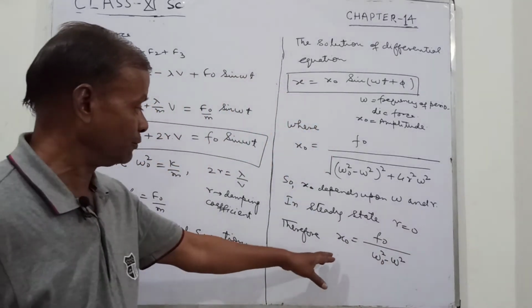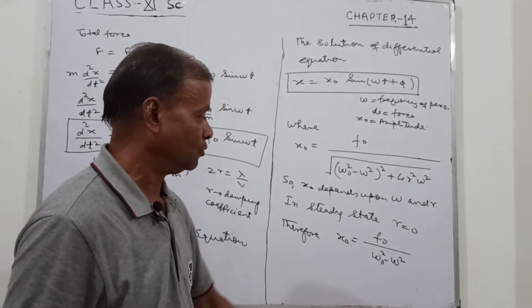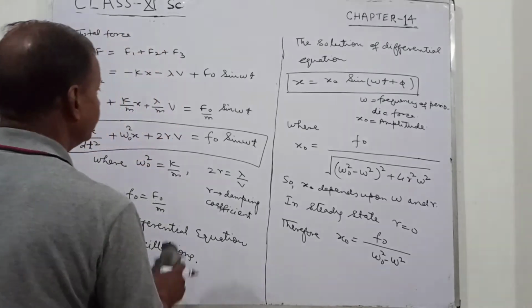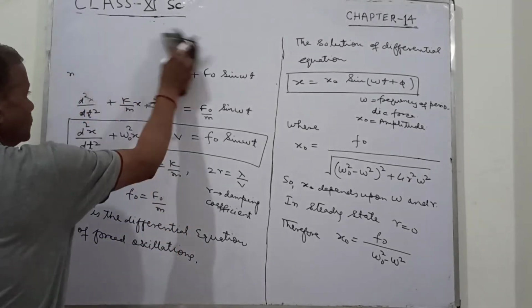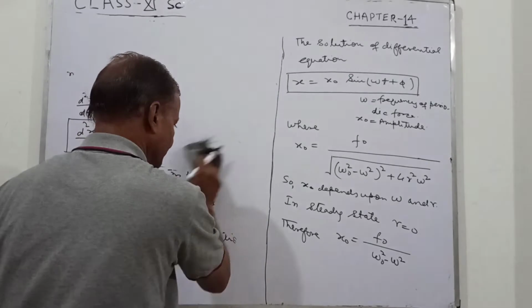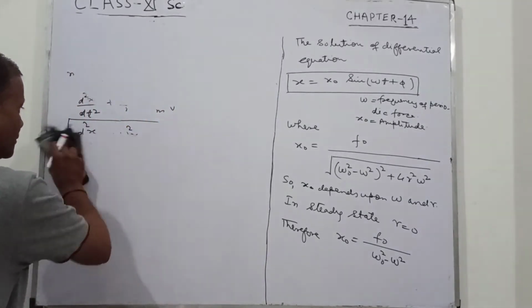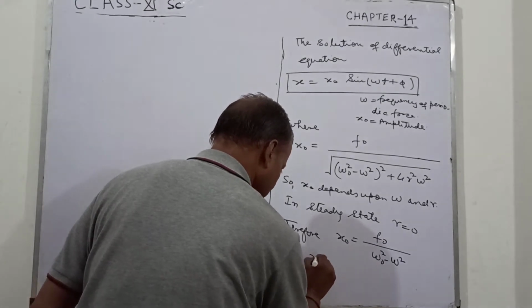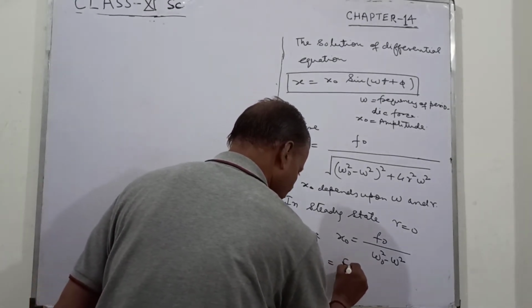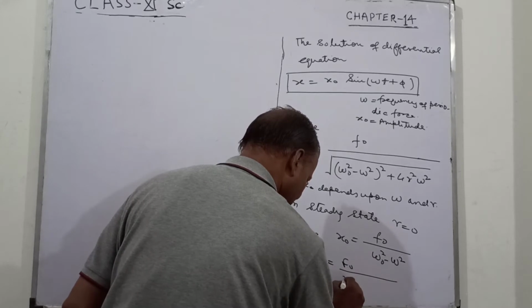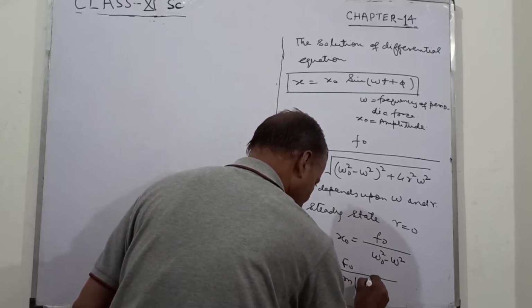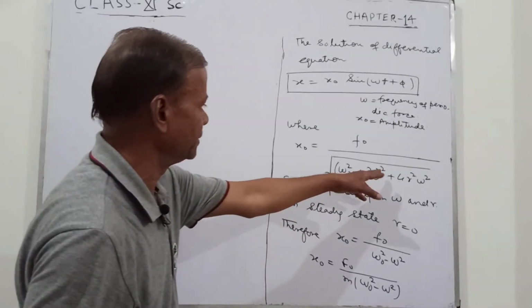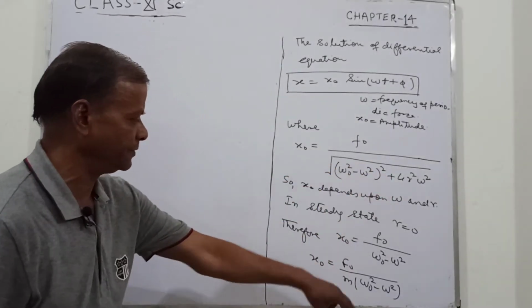Now this amplitude depends upon omega naught. We can also write x naught equal to F naught upon m into omega naught square minus omega square.